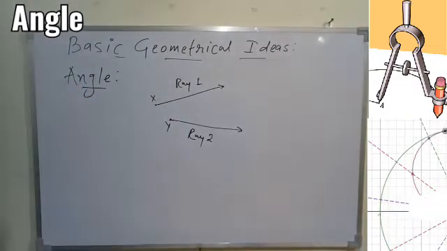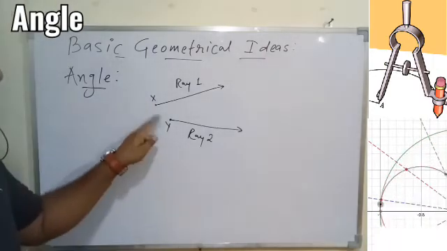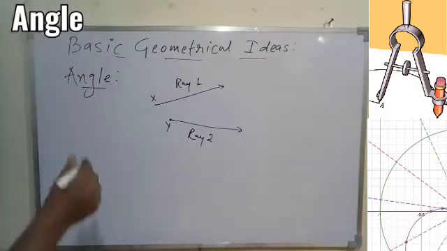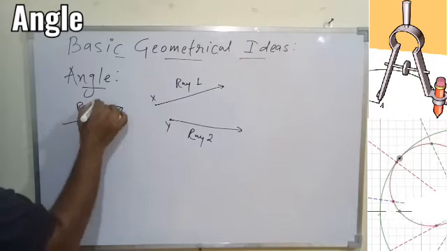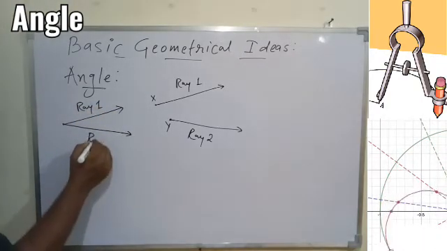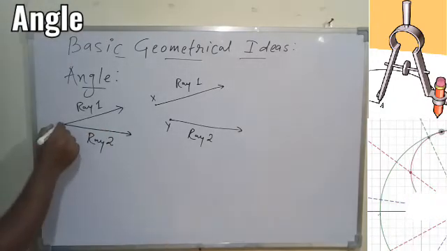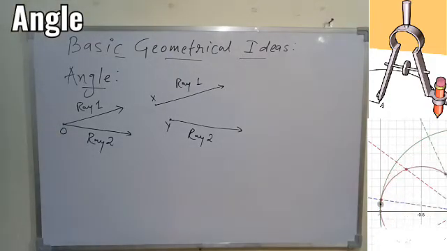Now take an example. If we bring these two rays together such that x and y become a single point, then what will we get? If ray 1 and ray 2 are placed together such that they have a common point, this common point is given a name, O. Any name can be given.